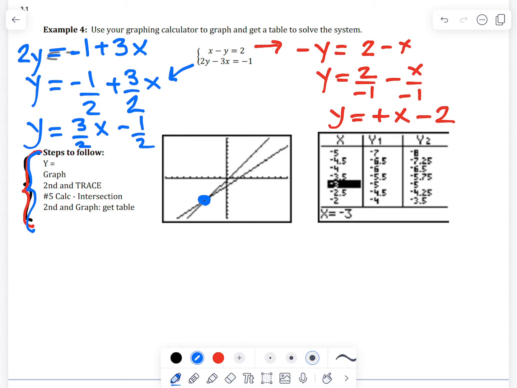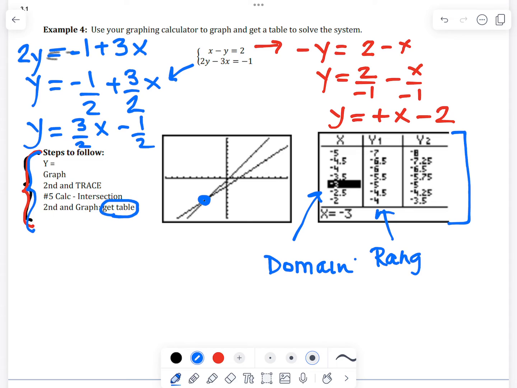There is a table function with the graphing calculator that looks like this. And it lists out, the first column is the domain, the x values. And then this is the range of the first equation.